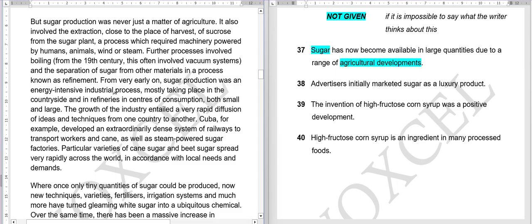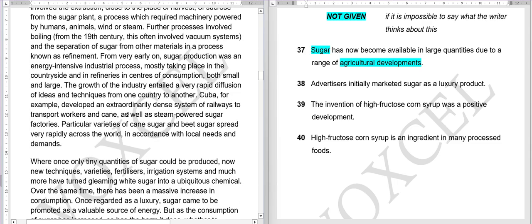From very early on, sugar production was an energy intensive industrial process, mostly taking place in the countryside and in refineries in centers of consumption, both small and large. The growth of the industry entailed a very rapid diffusion of ideas and techniques from one country to another. Cuba, for example, developed an extraordinarily dense system of railways to transport workers and cane as well as steam powered sugar factories. Particular varieties of cane sugar and beet sugar spread very rapidly across the world in accordance with local needs and demands.